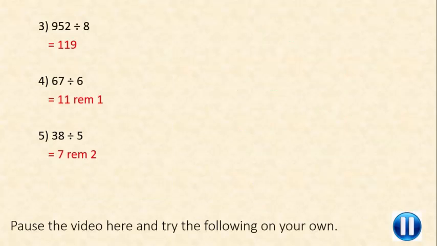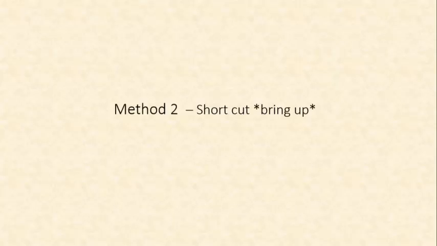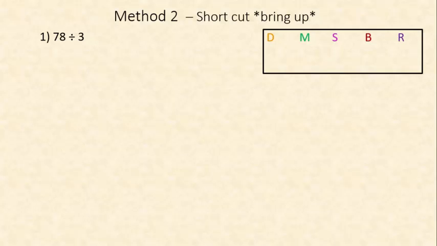Here are your answers. Method 2, the shortcut or bring up method. Number 1, 78 divided by 3. We're still going to use DMSBR to remind us of the steps we need to take. But these mean divide, multiply, subtract, bring up, and repeat.